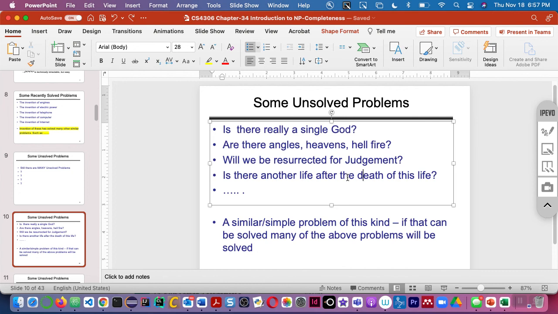No one can do any research on whether there is a God or not. Cannot see. We will not believe, right? But if there is a similar or another problem that we can work on, and we can make a relation between that problem and this problem, then we will think that this problem is solved or can be solved.